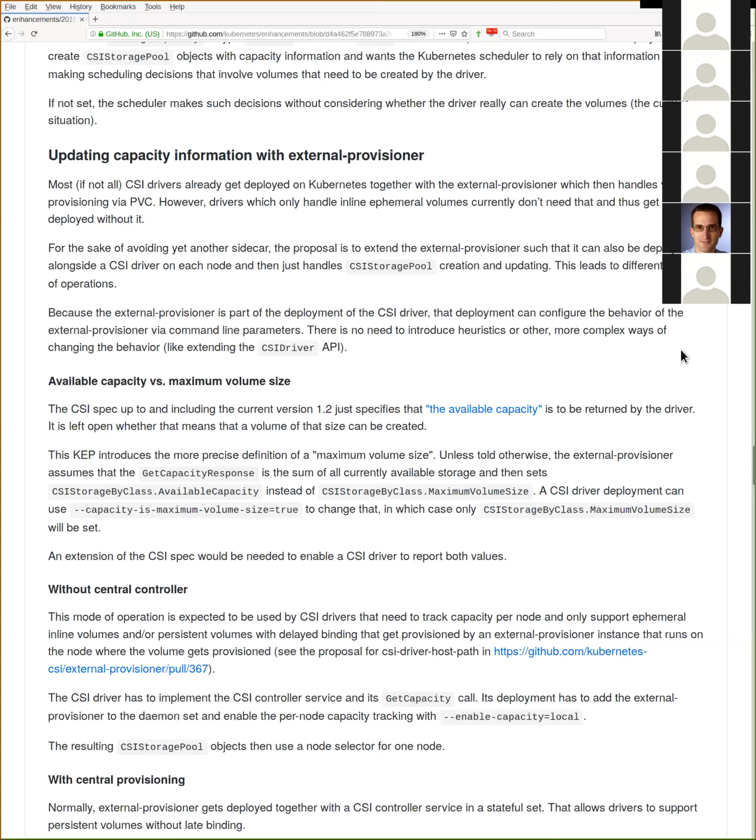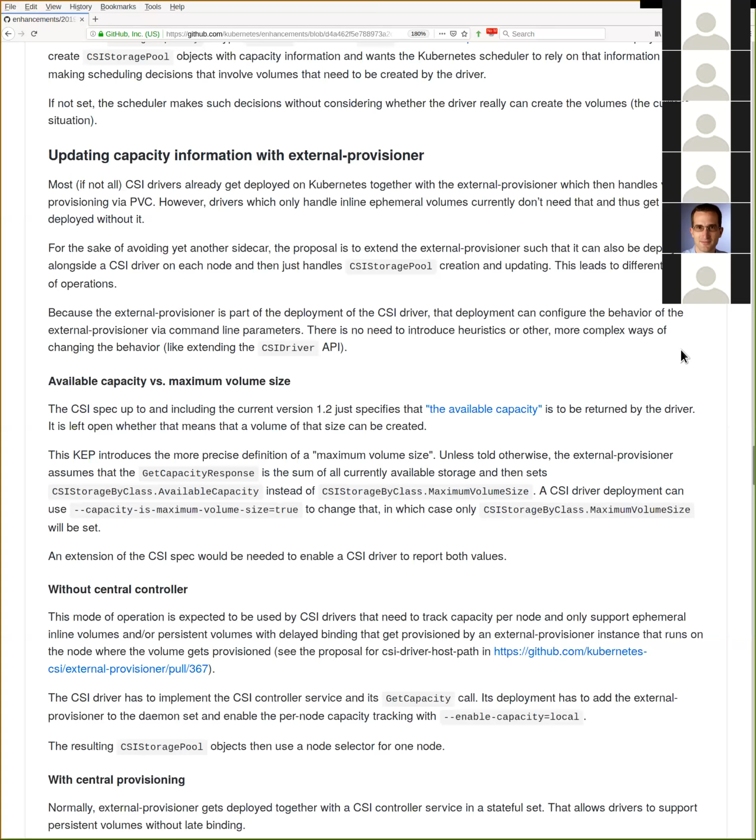And that would just be temporary, because ideally we want this to work with non-local storage as well, right? Well, this mode of operation would remain for CSI drivers that just manage local storage. But we can add another mode later on that uses some other way of identifying storage pools.